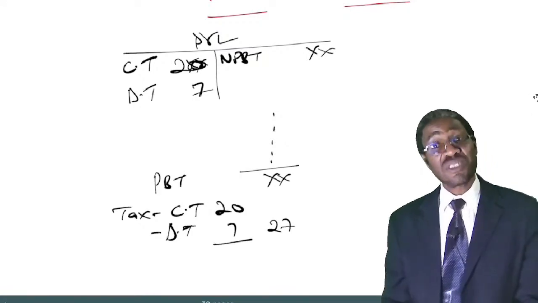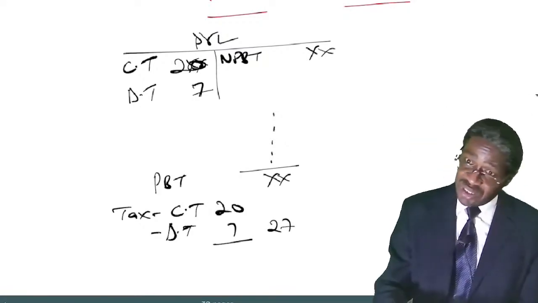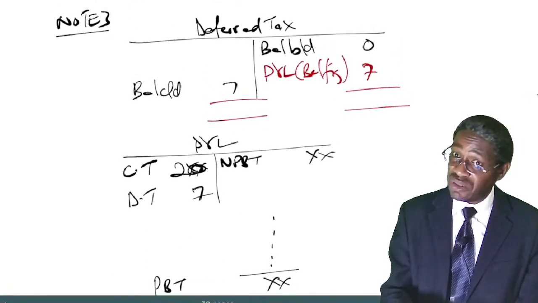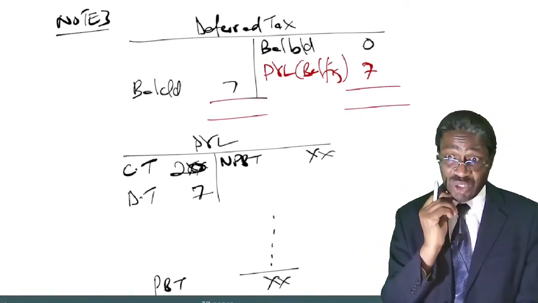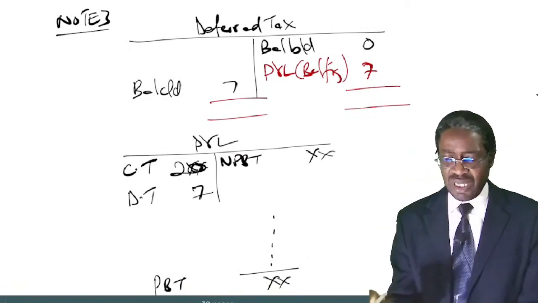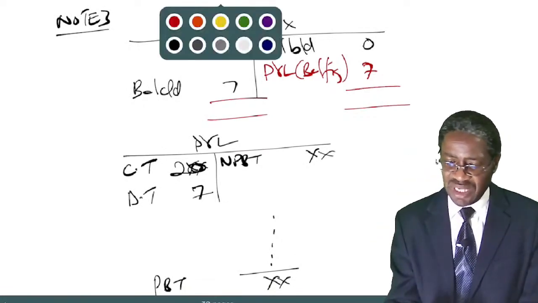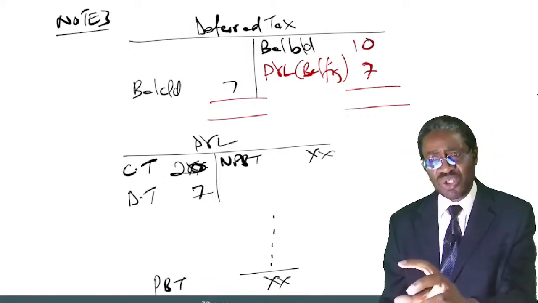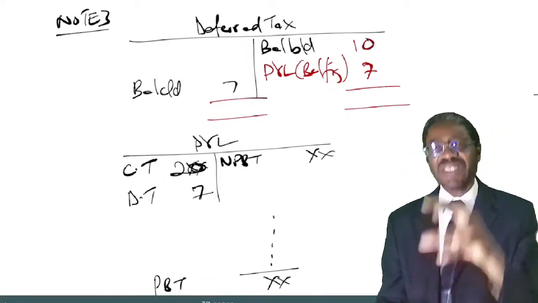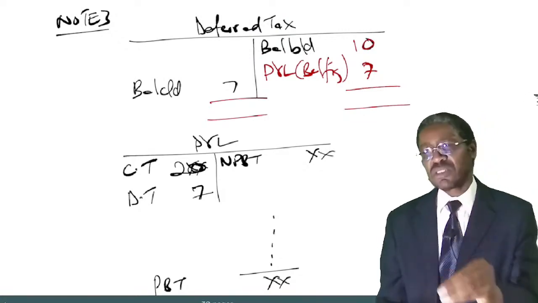To get a tax expense of 27. Otherwise, listen, because it could happen. Assuming, for purpose of assumption, the balance brought down was 10. Then the question told you deferred tax to be maintained at 7.